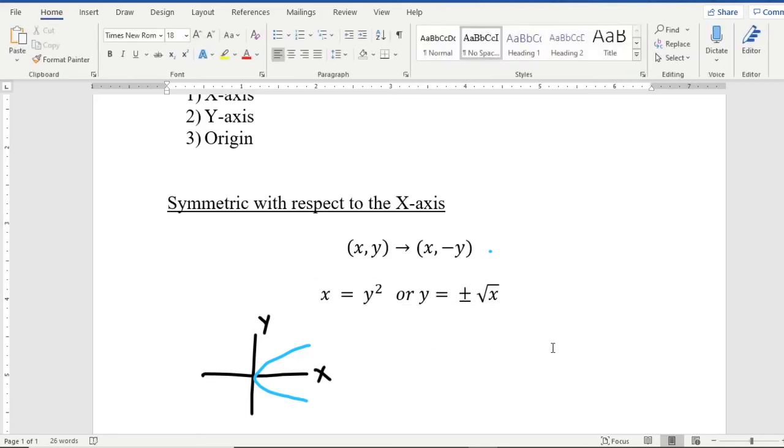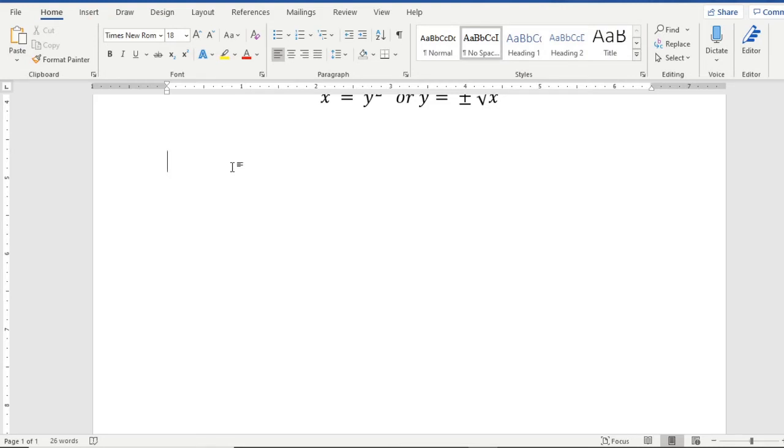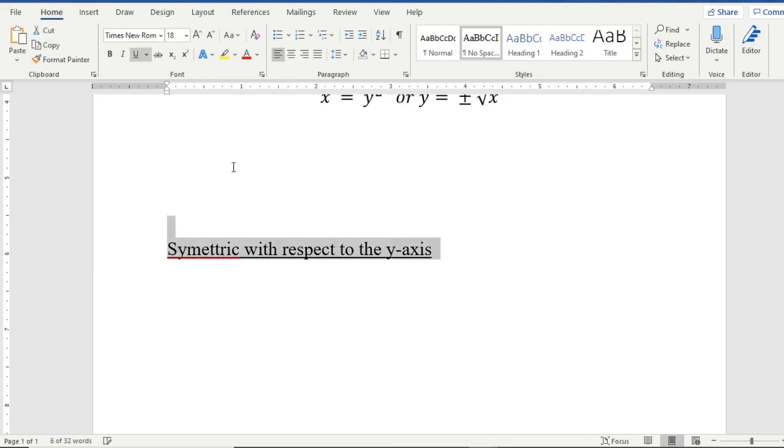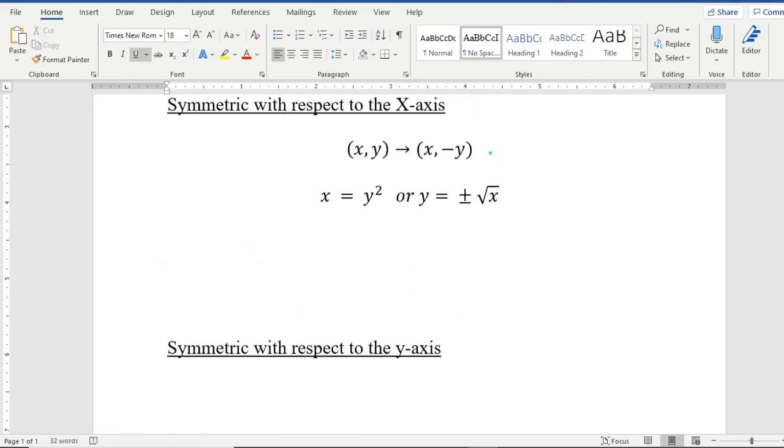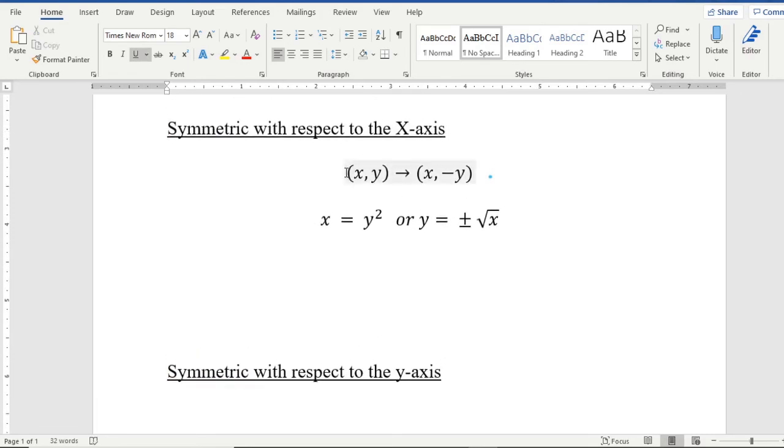The next one we can look at is for the y. The next is symmetric with the y. Symmetric with respect to the y-axis. Okay, that's very similar to respect with the x, so I'm just going to copy that.